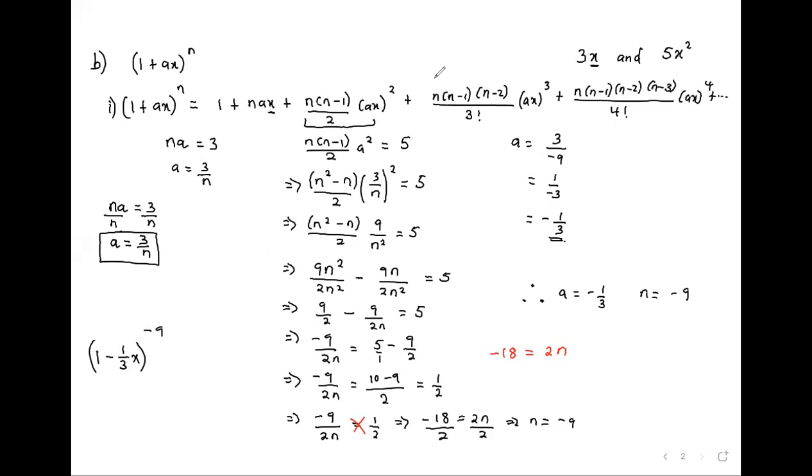The coefficient of x squared, you equate to the given coefficient 5. So if the question is talking about the expansion, you must have the expansion. Then go for the terms mentioned, and then have simultaneous equations.